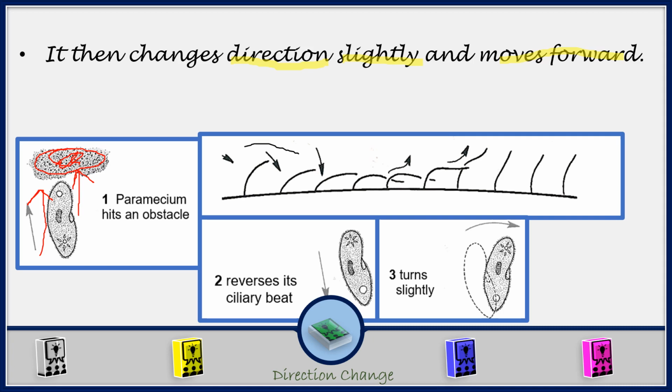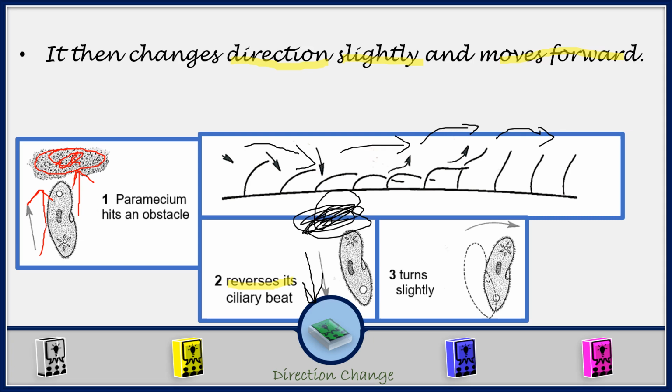The ciliary beat changes direction, and it now contracts in a different direction. That means the cilia are going to reverse. It will now move backwards, away from the obstacle which it has hit somewhere here.